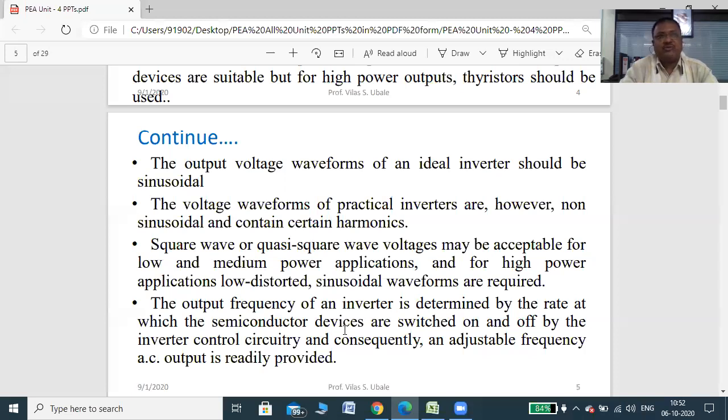So DC to AC converters for home applications, for your institute, or maybe an office, are called low power inverters. But the inverters which are used in industry are not used for conversion of DC to AC, right? Because directly three-phase AC supply is available. So the DC to AC conversion is not required. Okay.